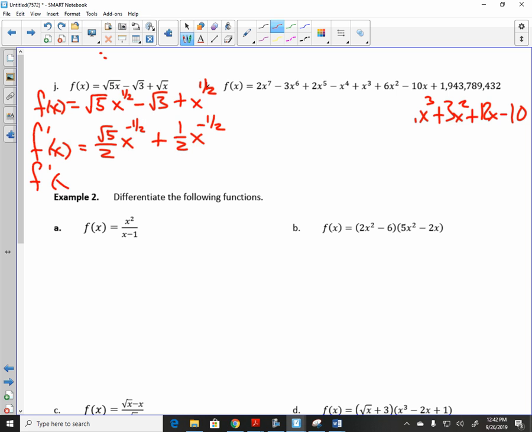So it looks like I get f prime of x is equal to root of 5 over 2 roots of x plus 1 over 2 roots of x. Hey, what do you know? They have common denominators. How about the root of 5 plus 1 over 2 roots of x?